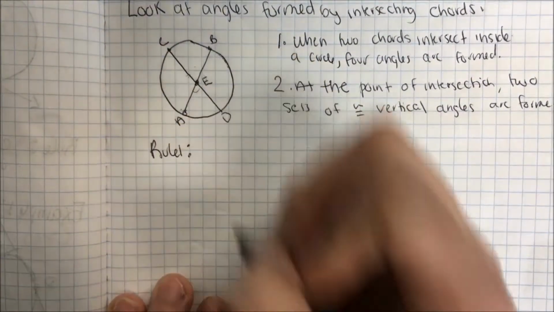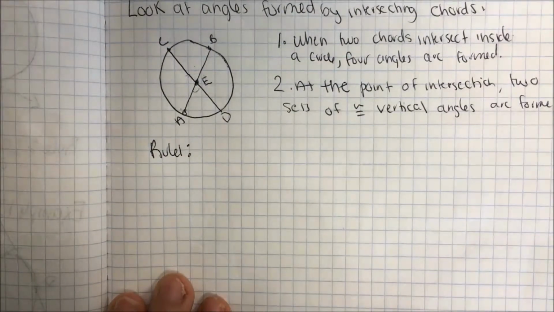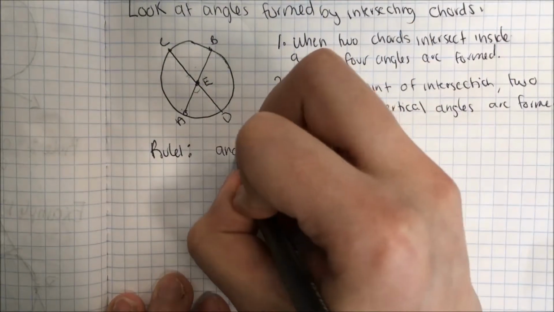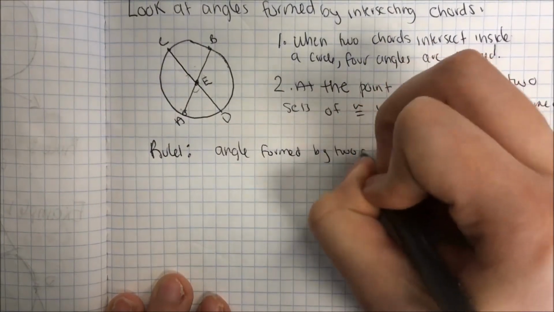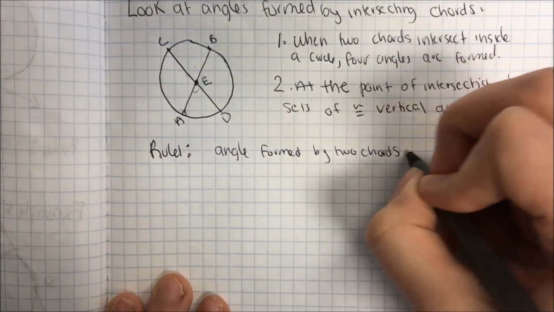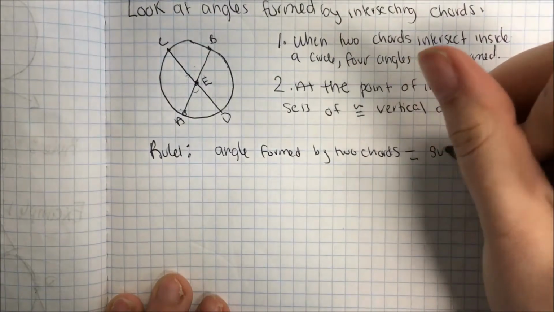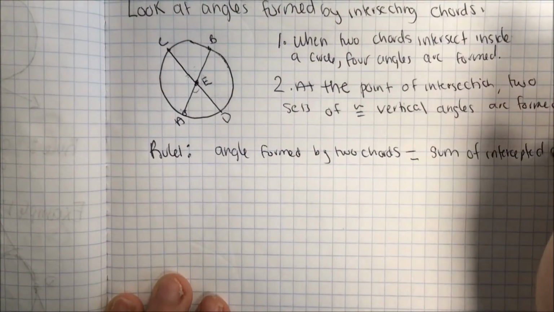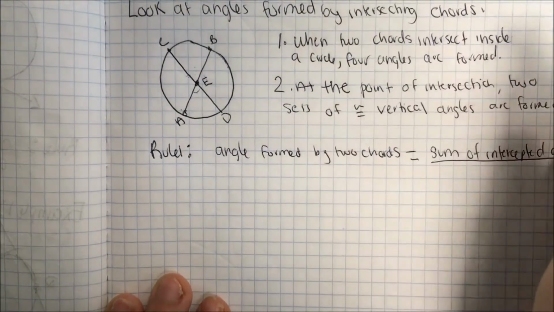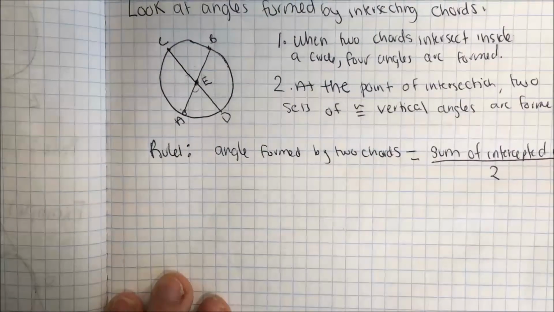So the rule for intersecting chords: the angle formed by two chords is equal to the sum of the intercepted arcs divided by 2.